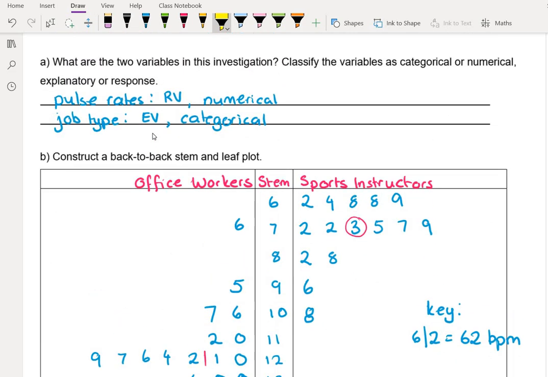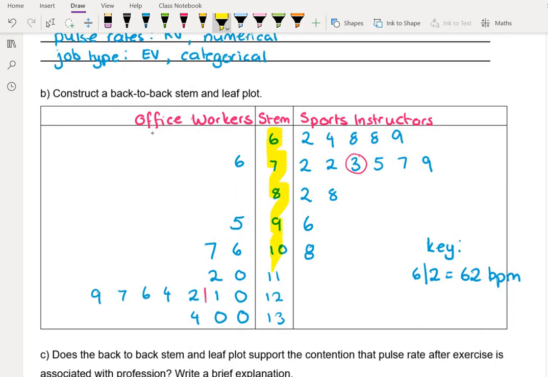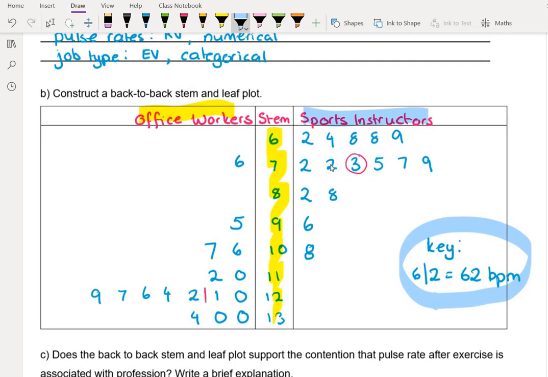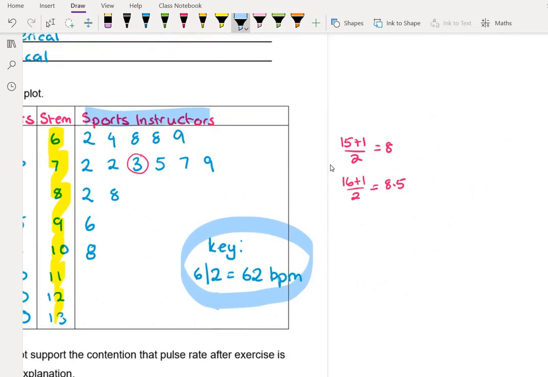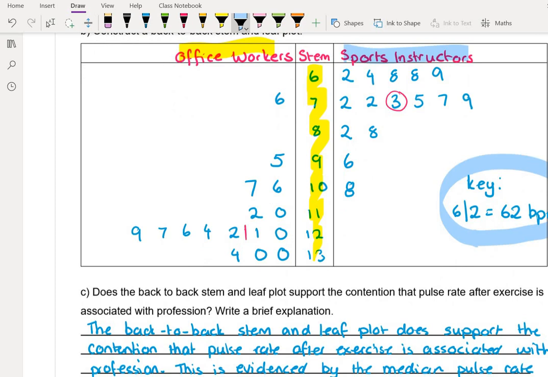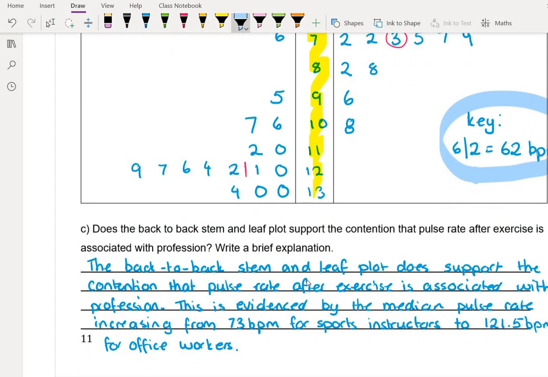Back-to-back stem and leaf plots share the same stem, and we have one variable on this side and the other one on this side. Obviously you have to have the key as well, and with this one you also have to find the median using the median method. So it's not as useful, but it is doable. It is doable to find the median like so and come to a conclusion as well.